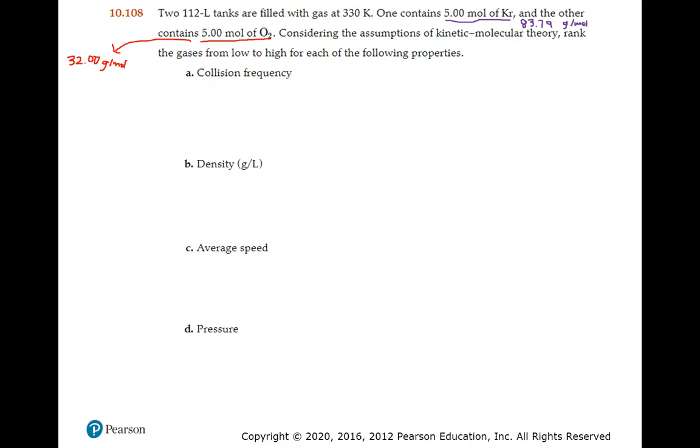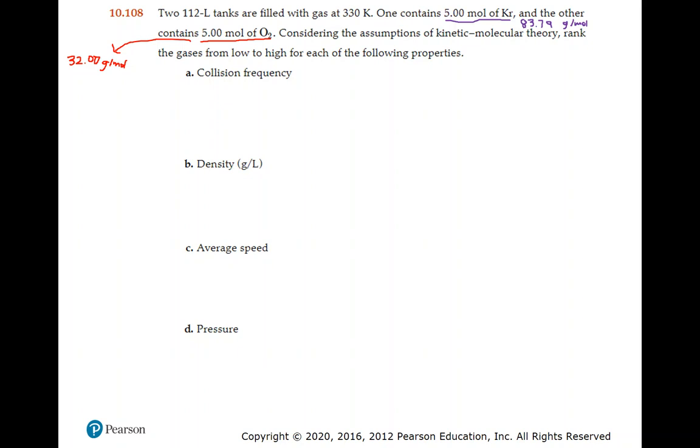So what this tells us, besides what their molar masses are, is we can scale those down to the molecular level and say that an atom of krypton, since it doesn't exist as molecules, just individual atoms, is going to weigh significantly more than a molecule of oxygen. And that's going to have some significance in interpreting what the answers are here.